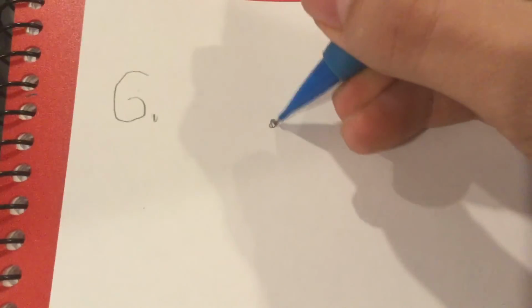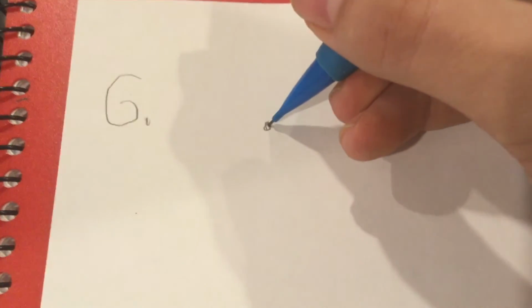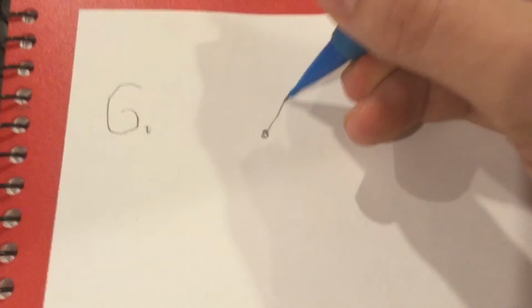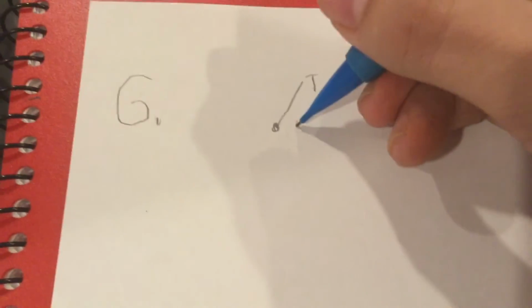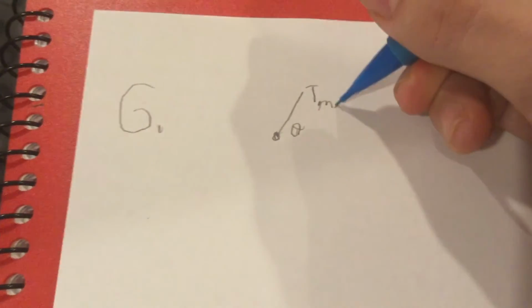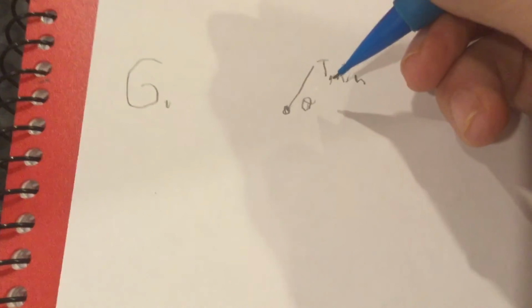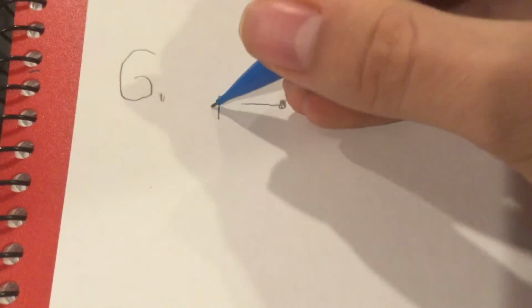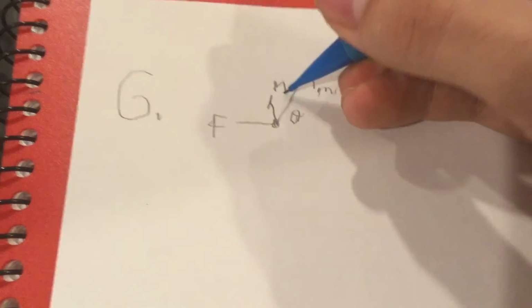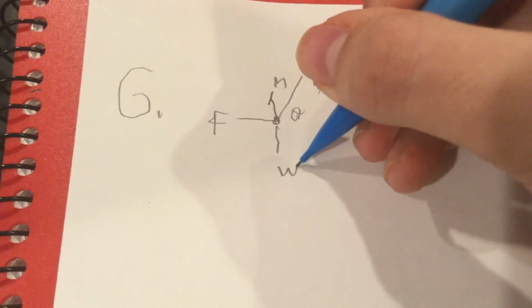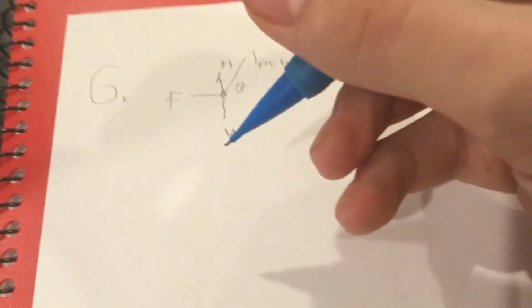Okay, G. A large box of mass M sits on a horizontal floor. So we have tension and theta, T min. We have friction, we have normal, and we have weight.